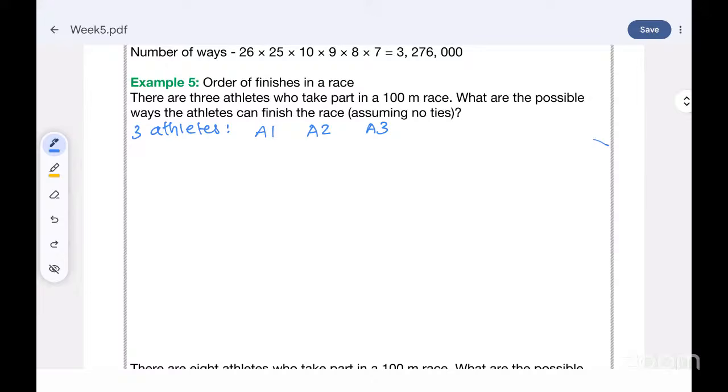What are the possible ways the athletes can finish the race? None of them can be in the same position at a time. So this is the first position, second position, and third position. At the finishing point, what are the different possibilities?